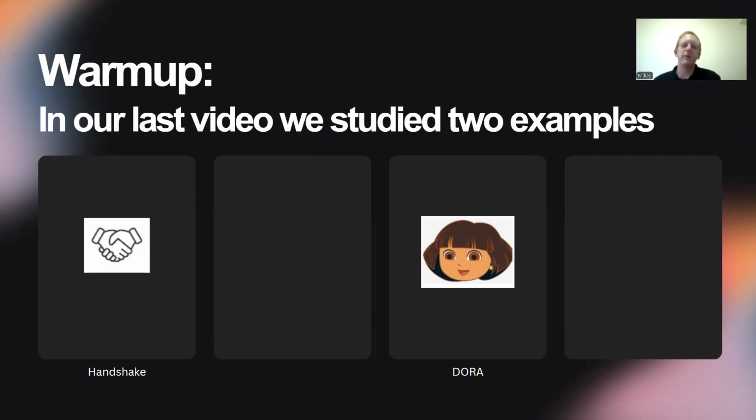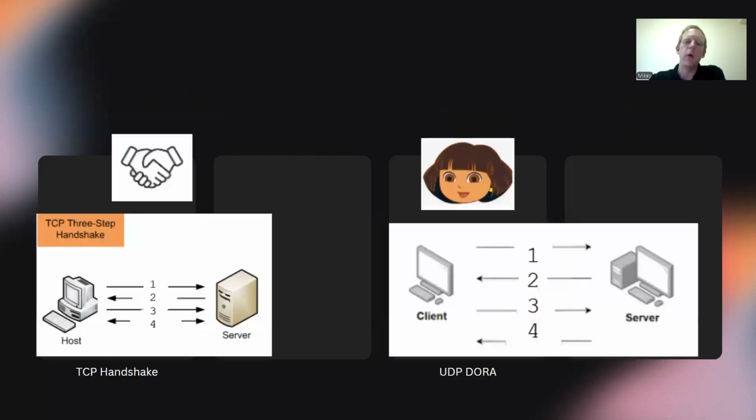If that sounds foreign, then go back, take a look at the video, and come back where you left off. We'll have an example of the different uses of the TCP handshake and UDP DORA. You'll need to fill in the blank for each one. How are they different and how are they used?